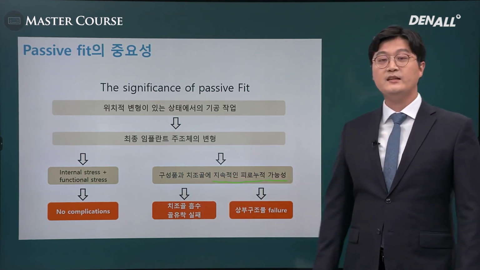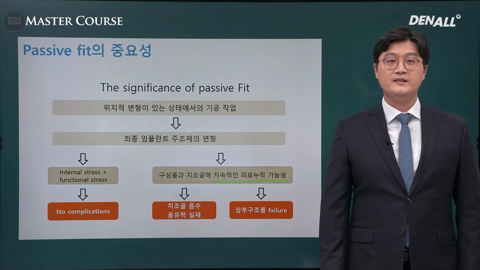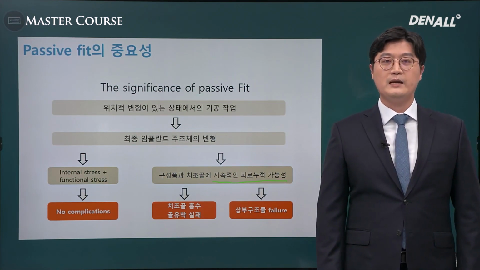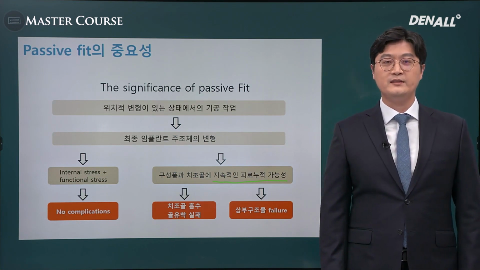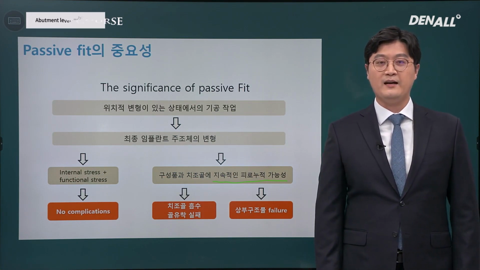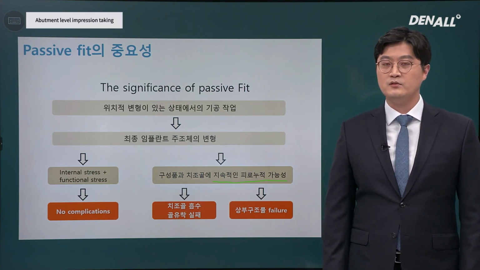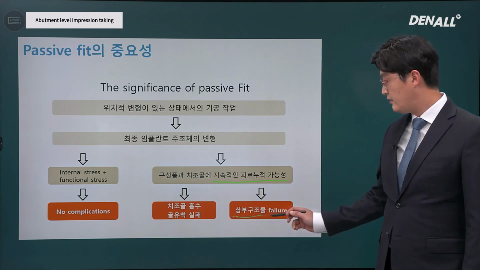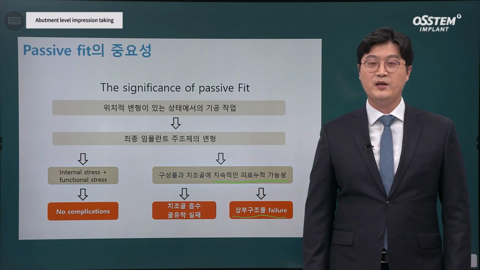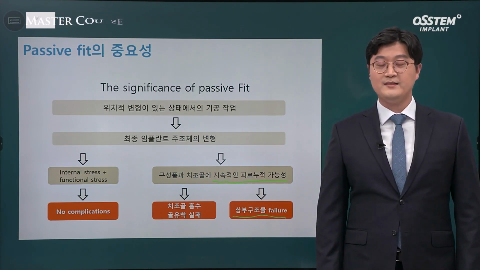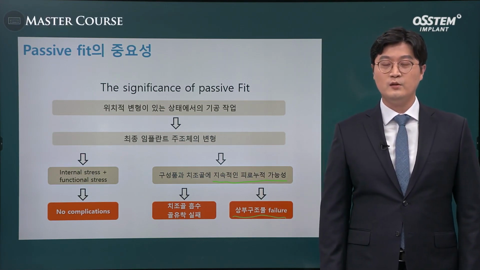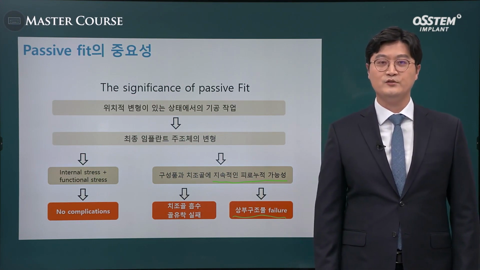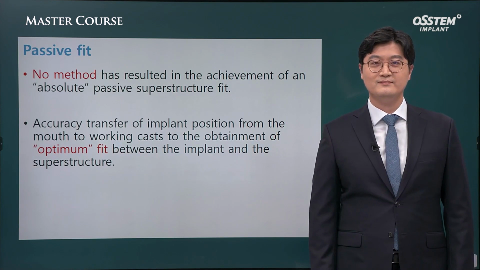When this happens, around the implant, alveolar bone would be resorbed. In the worst case, osseointegration can fail. And when an unfavorable prosthesis is delivered, the superstructure can fail or become fractured, and the screw between an abutment and implant can be loosened or fractured. Not a very good situation.